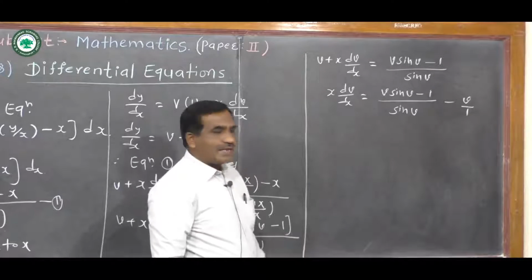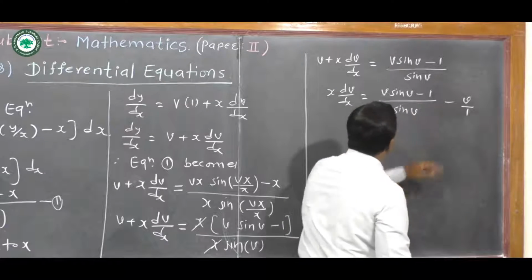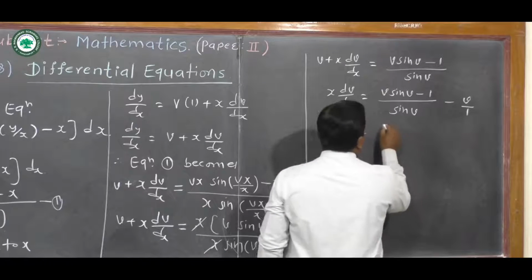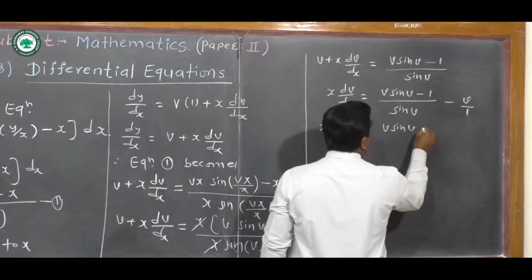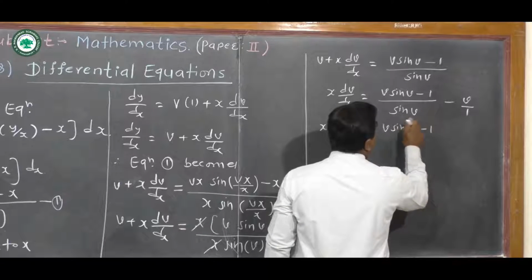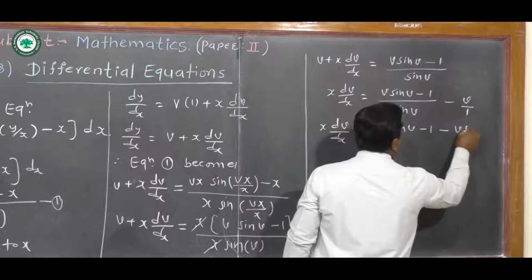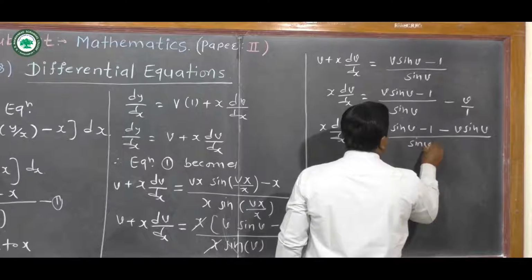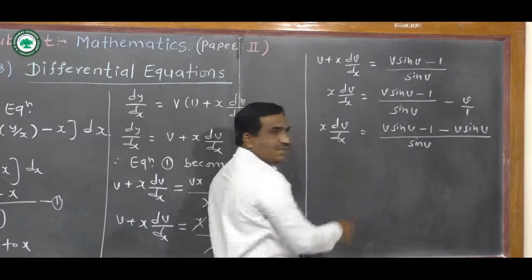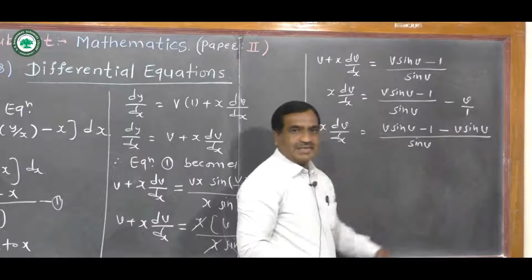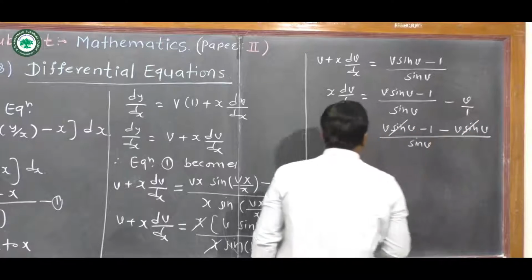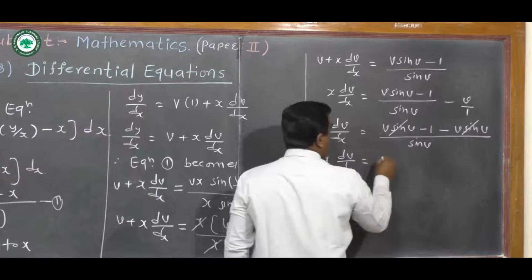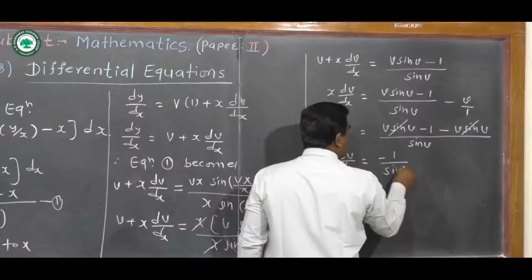Okay, now we can take the addition of these two fractions. x into dv by dx is equal to v sin v minus 1 as it is minus v into sin v, upon sin v as it is. Now this plus v sin v minus v sin v cancels out, remains only x into dv by dx is equal to minus 1 upon sin v.